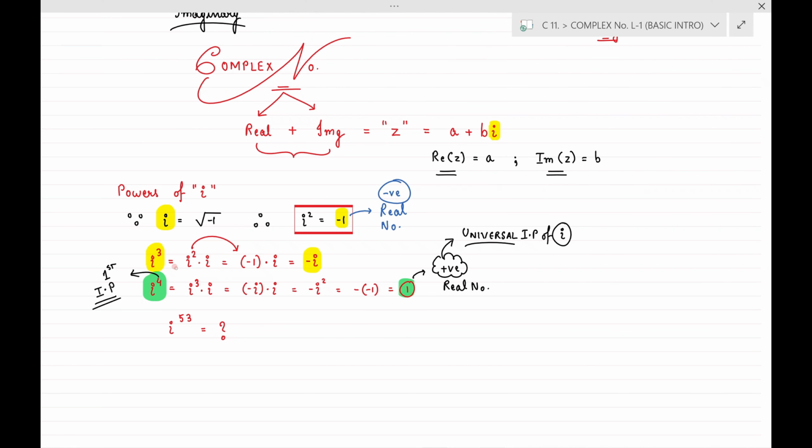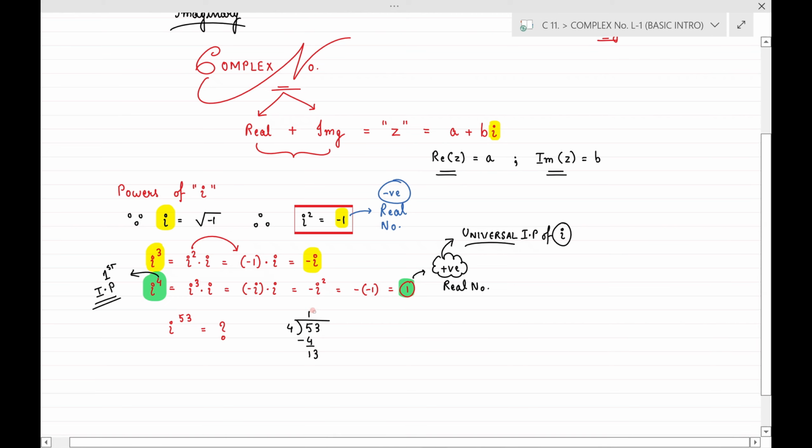you will use this power 4. What you have to do is divide 53 by 4. 4 ones are 4, remainder 1, 3 copy down, 4 threes are 12, remainder 1. So this is dividend.